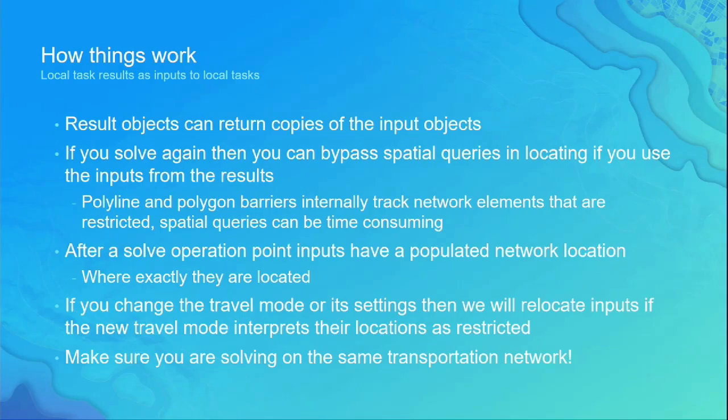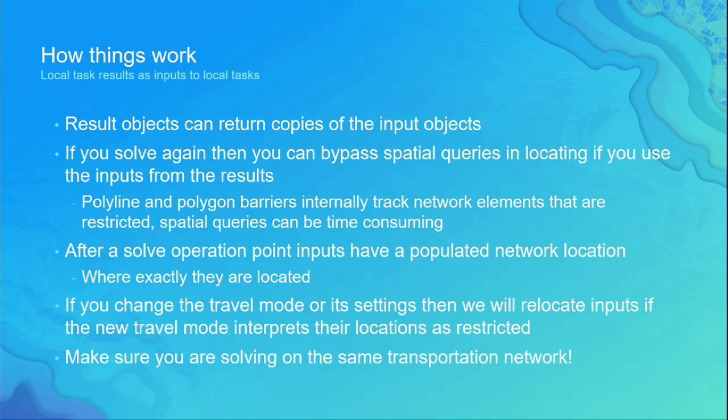Something that's important to understand is that if you change your travel mode, so say, I want to visit this location, and I'm going to drive there, it might locate on one street. And say it's a stop, and you take that and want to resolve with it. But say, instead of driving there, I want to walk there. Well, you probably can't walk on that street. When you take that input and reuse it, we'll catch that it's not routable, and we'll relocate it for you.